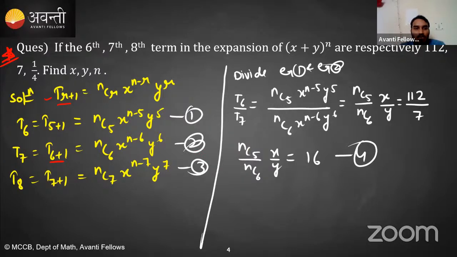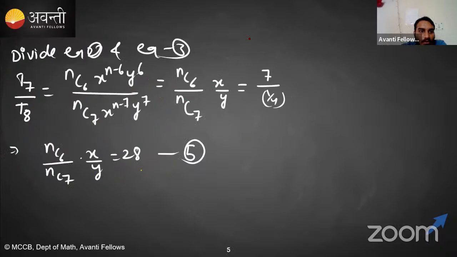Now divide the first and second equation, and the second and third equation. On dividing the first and second equation, you will get nC5 upon nC6 into x by y is equal to 16. And on dividing the second and third terms, you will get T7 by T8, nC6 divided by nC7 times x by y is equal to 28.